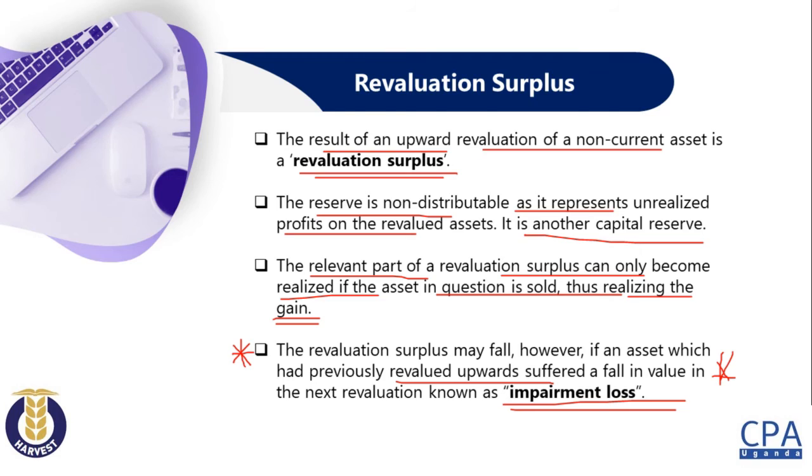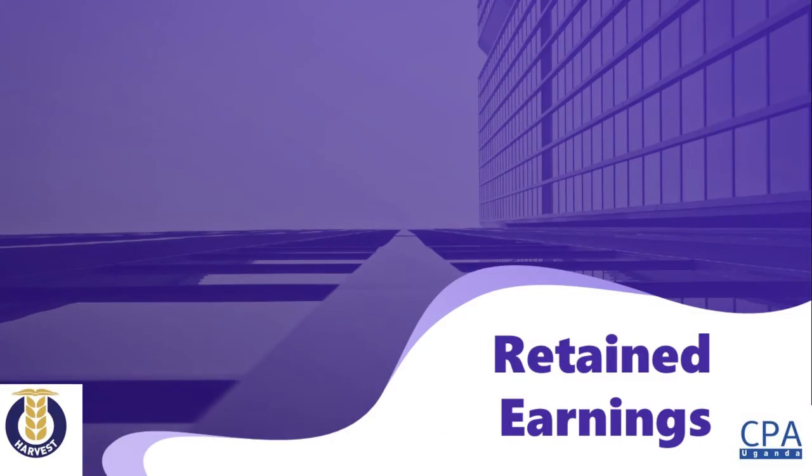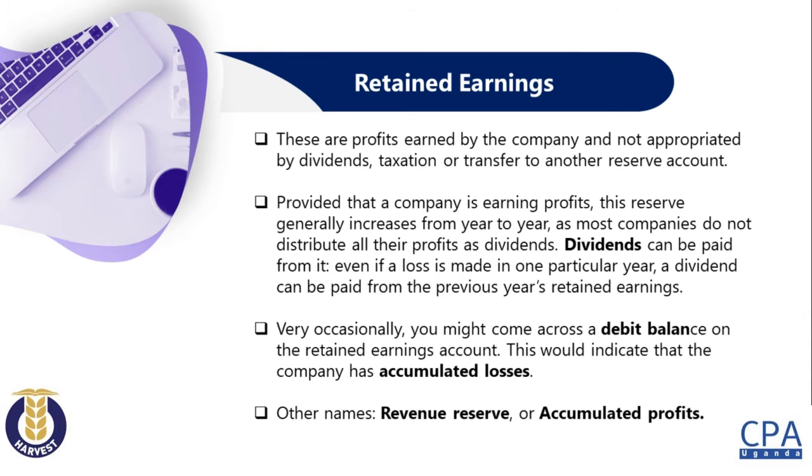Alright, next we have the next reserve account, which is included in the equity of a company, which is retained earnings. And in the slide we are saying that retained earnings are profits earned by our company that are not appropriated to the shareholders as dividends.